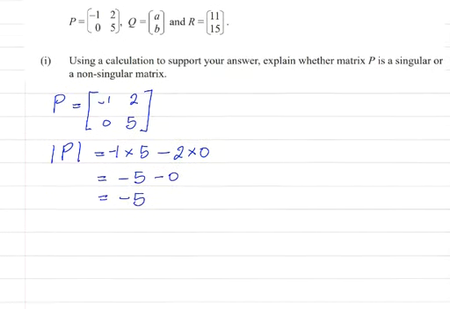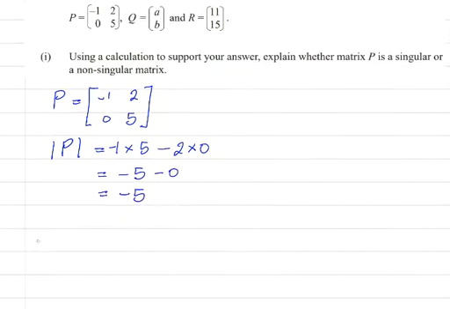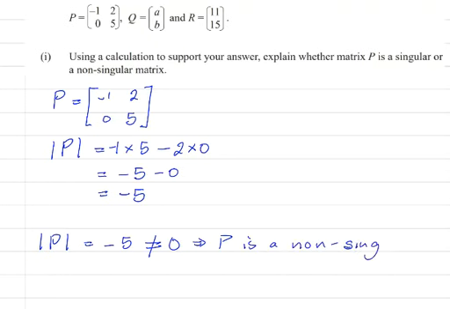Now, since the determinant of P, which is minus 5, is clearly not 0, therefore P is a non-singular matrix.